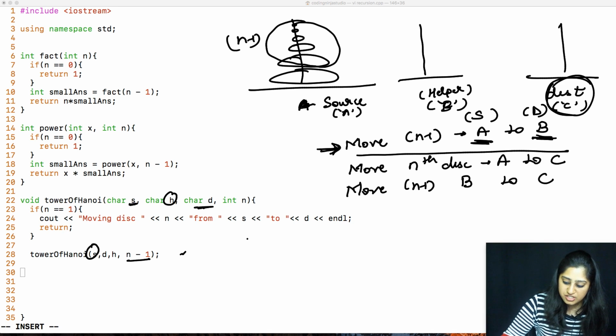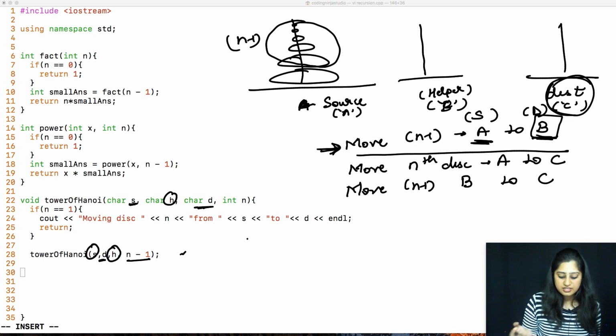The destination is B, the helper rod that I had. So this is my destination. The third rod, that is C, is left. So I'll use that as helper for my intermediate steps. So this is the task that I can assume. First n minus 1 disks are moved from source to helper.